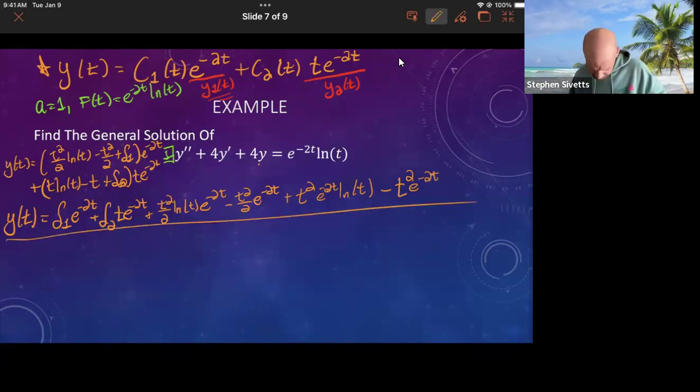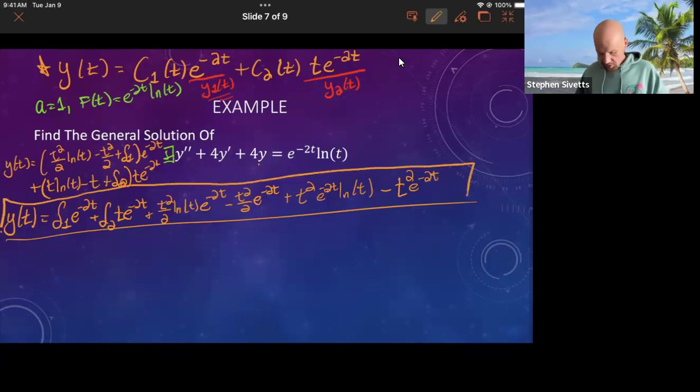Okay. I'm not going to simplify, but really that's just your general solution. Okay.